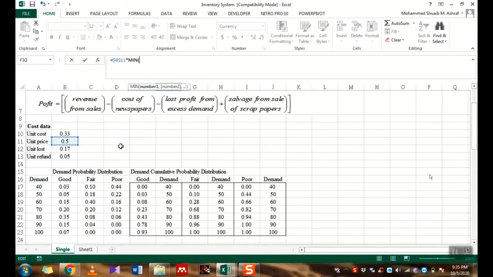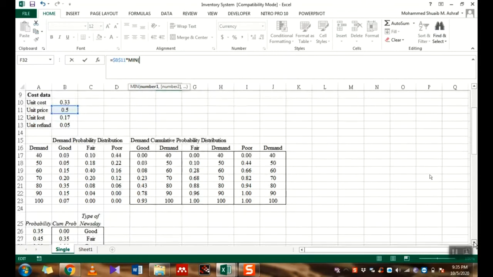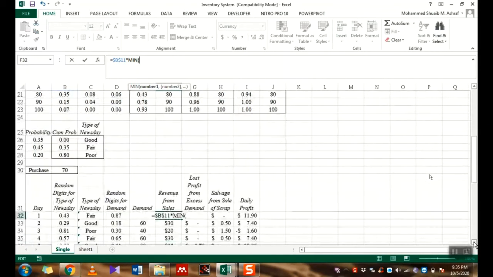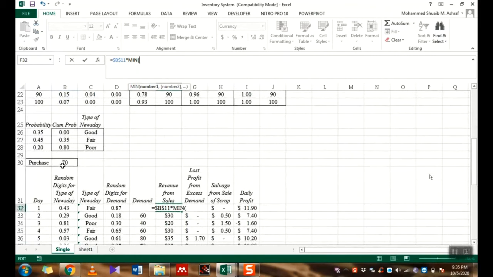Minimum function. Okay, we will pass two values: this daily newspaper and this demand. What is the sell value of this? E32.